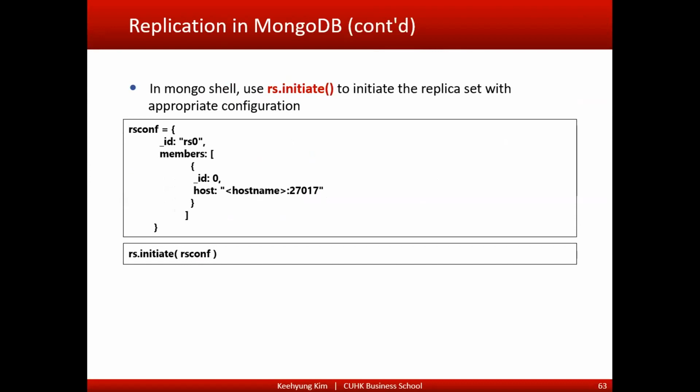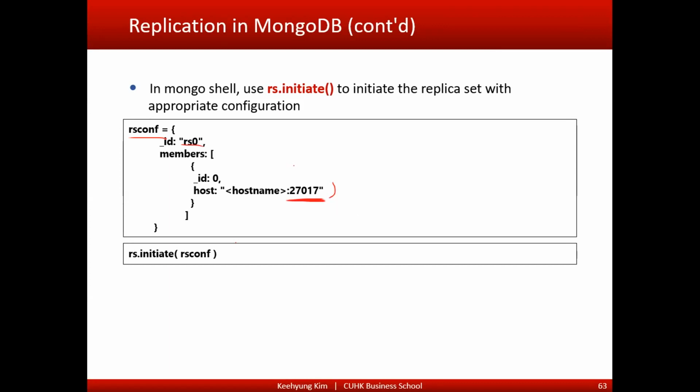So after you connect to the first server, you can try this code. rsconf is basically where I'm putting some configuration for the replication set. So basically I'm making an ID, and here I put the host, which is port 27017.